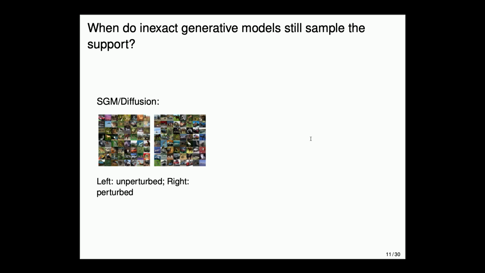These are not even infinitesimal errors, they are pretty large errors added to the score of the reverse process. Now these images look pretty much indistinguishable, and you can calculate the FID score, the likelihood, various different metrics, and they are all indistinguishable. So it looks like you still get images from the same support.